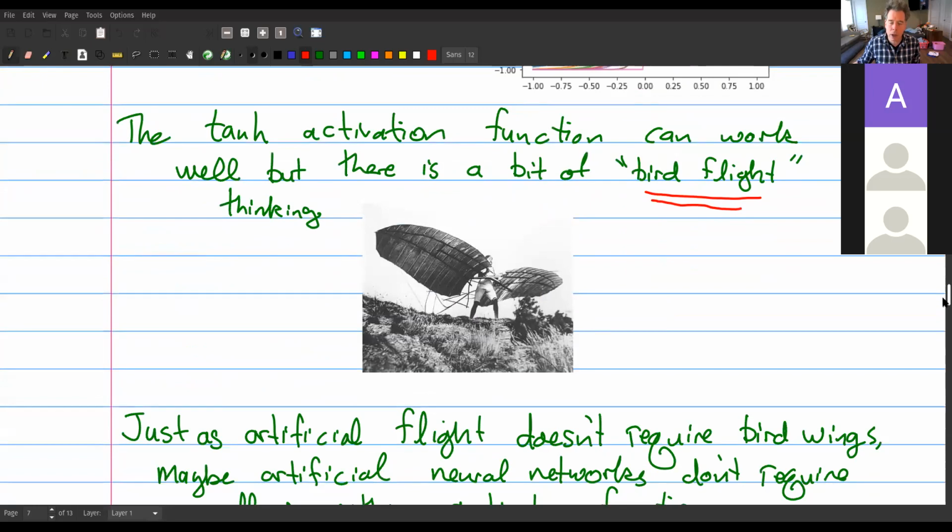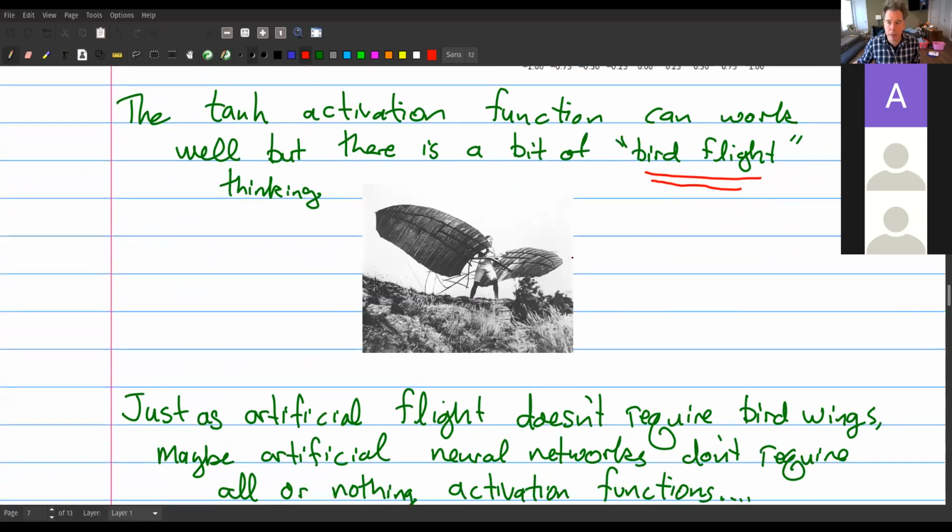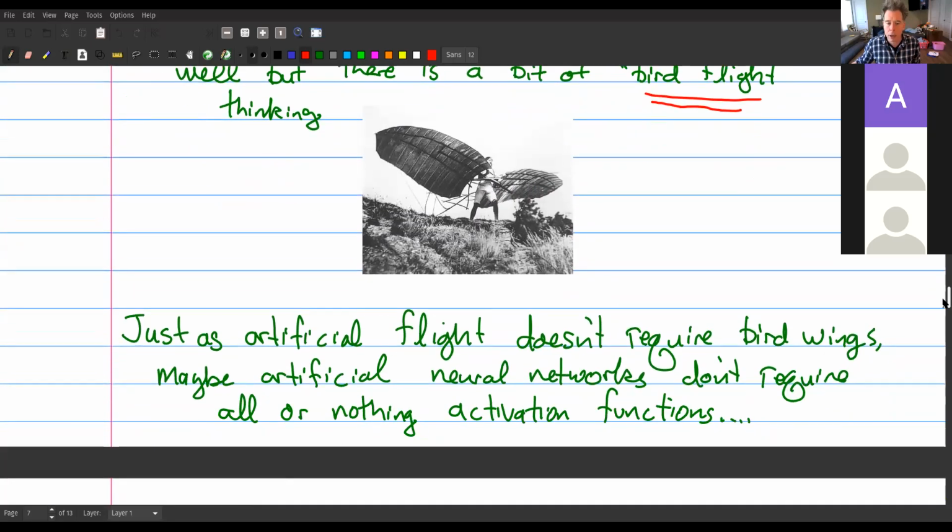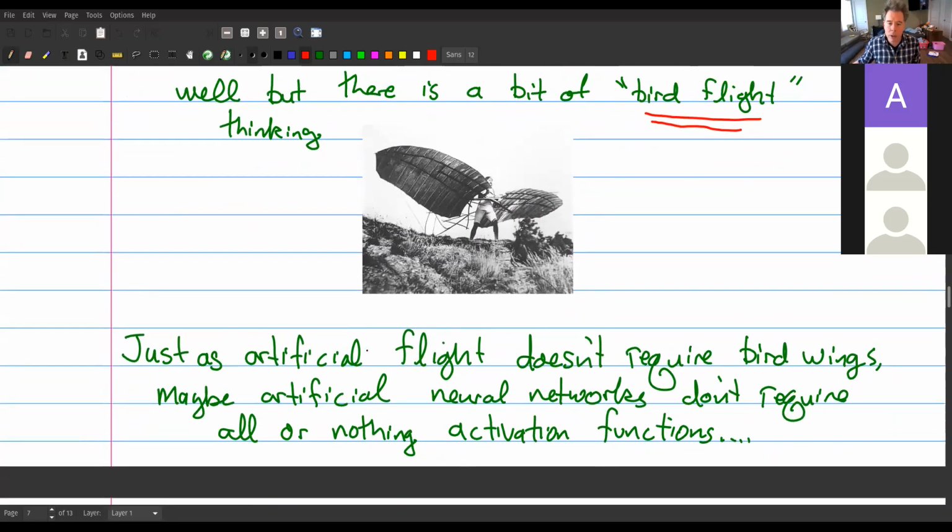This is kind of an analogy with early attempts to fly. People thought that to accomplish artificial flight, you had to closely imitate bird flight, and people were literally flapping their wings and things like that. So just as artificial flight doesn't require bird wings, maybe artificial neural networks don't require an all-or-nothing activation function.